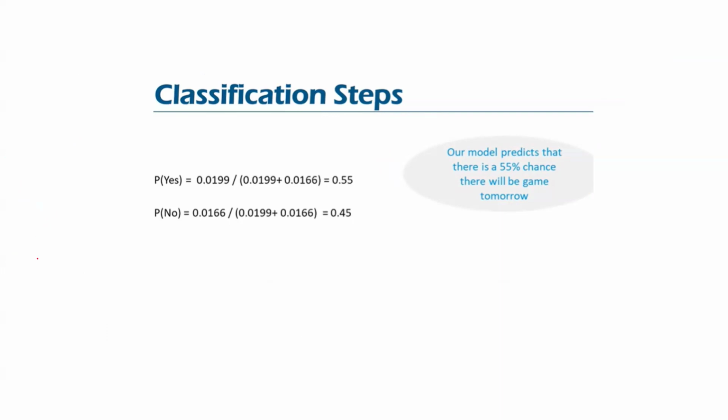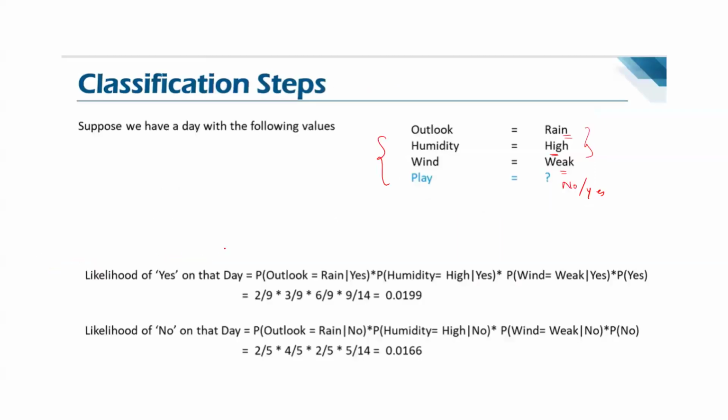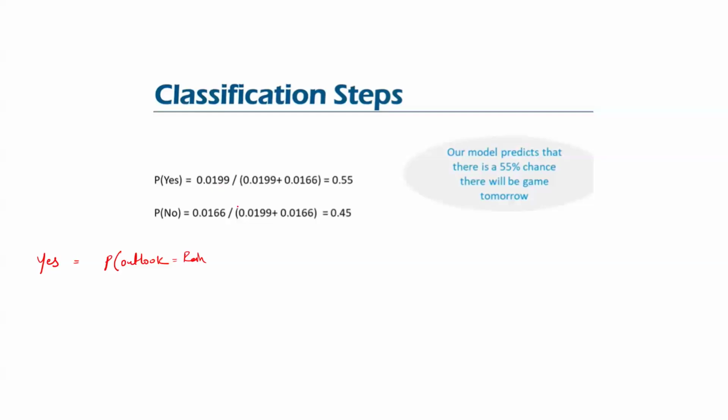So the likelihood of yes is given as the probability of outlook equal to rain given yes. Why? Because we are finding the likelihood of yes.